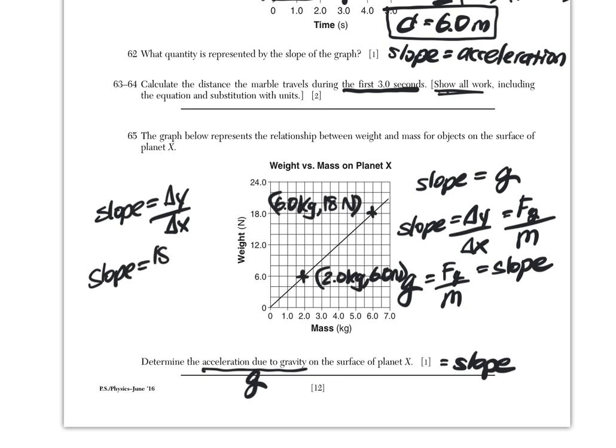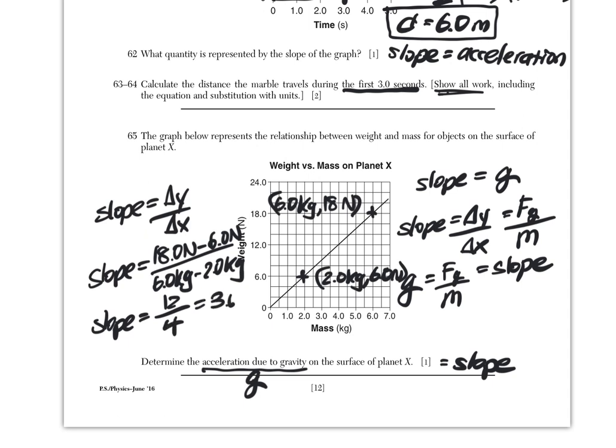We got 18 newtons minus 6 newtons over 6 kilograms minus 2 kilograms. Slope is 12 over 4, which is 3 meters per second squared. 3, not 30.